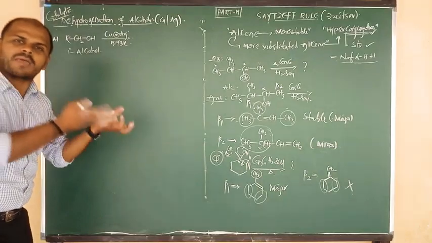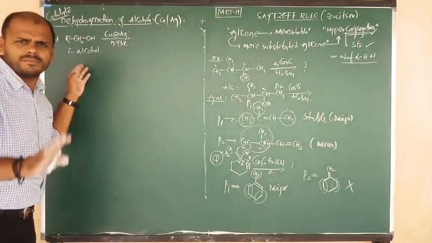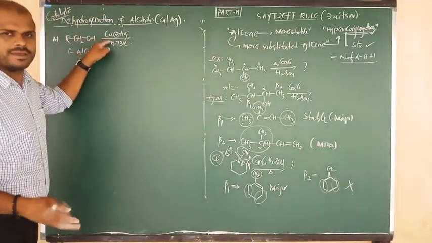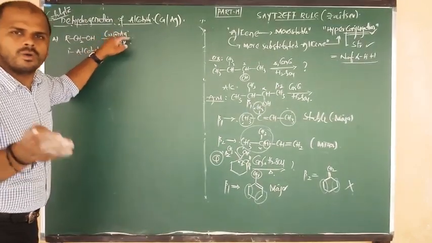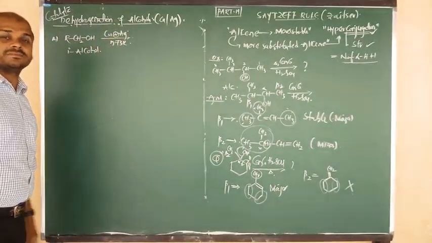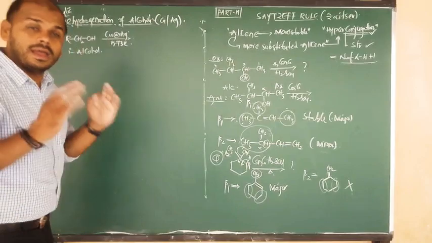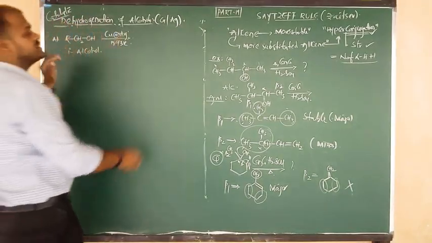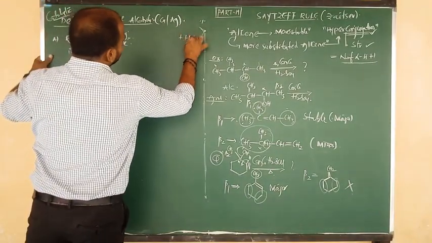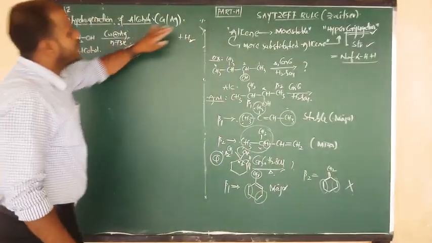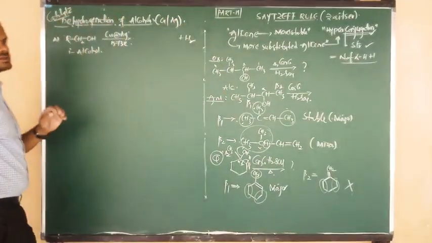So the vapors of primary alcohol, on passing over the hot copper or silver at 573 Kelvin, undergo the procedure of dehydrogenation, meaning removal of hydrogen. Removal of what, beta? Hydrogen.